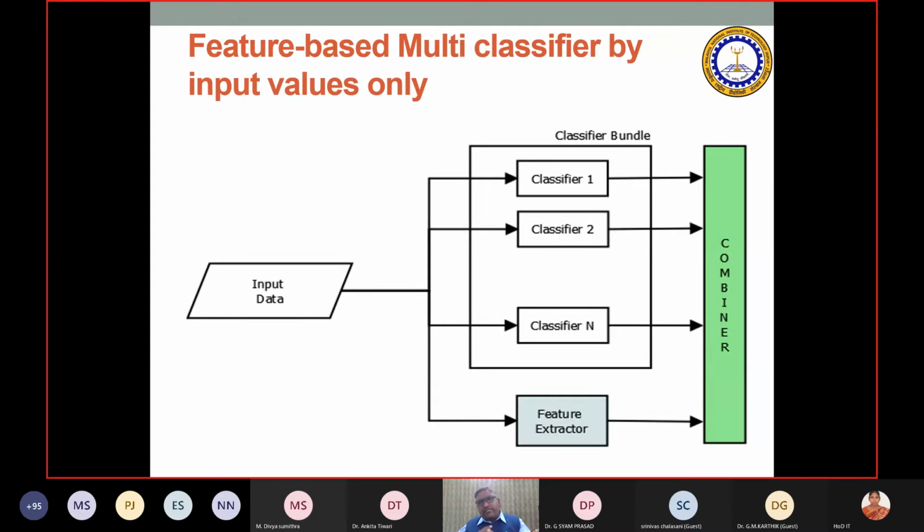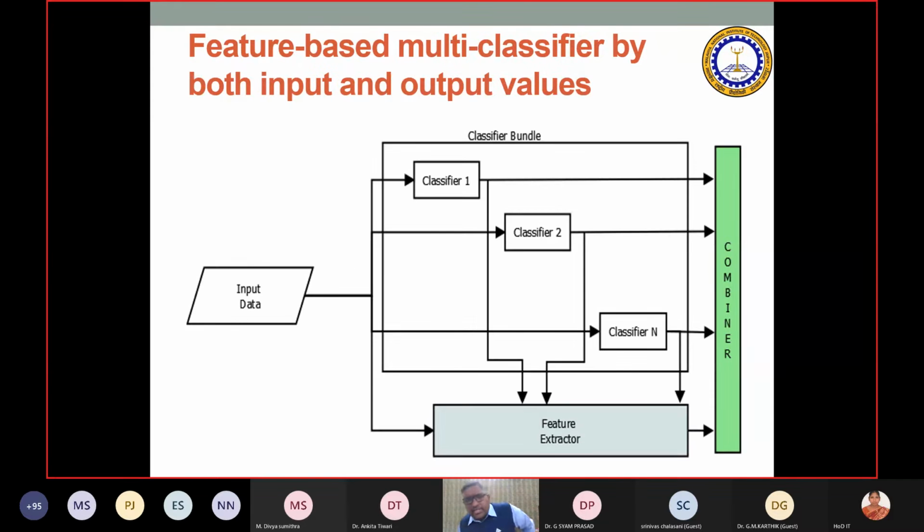Similarly, you take multiple classifiers, and then you take the output of one, and similarly you do a similar exercise on feature extraction also, and then the combiner will give you a better classifier. So that is the understanding. In this case, you are giving multiple inputs to multiple output values.